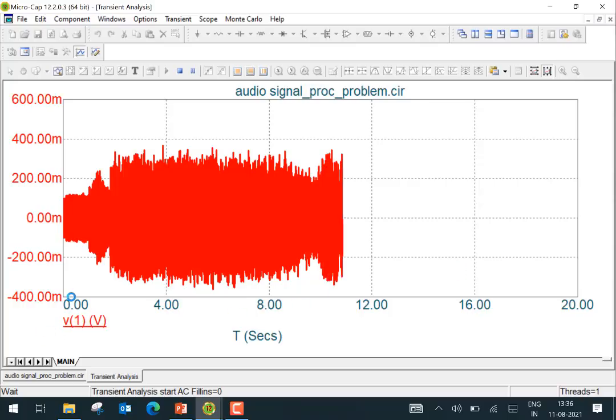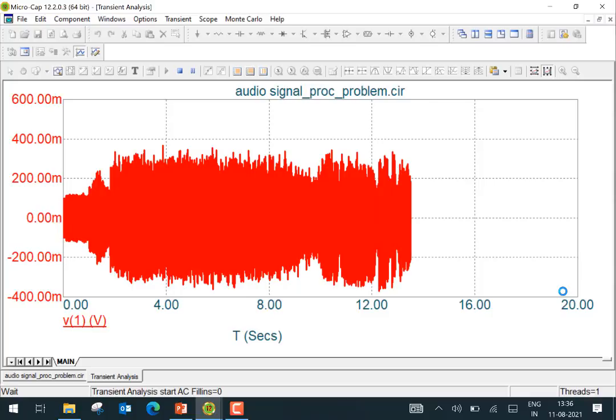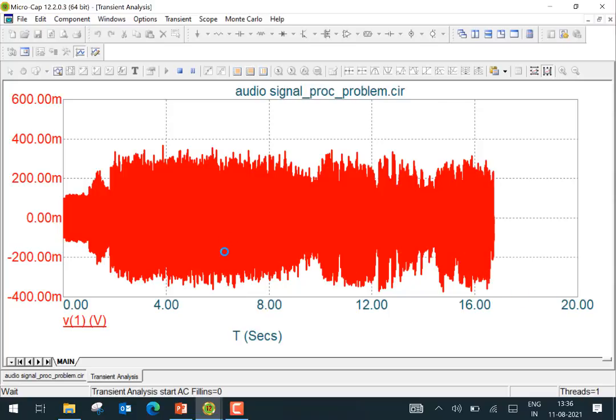To listen to this particular song, at least we need a couple of seconds. 20 seconds may allow us to listen to it. So here, of course, is the signal. You can't see a 1 kilohertz sinusoid or anything, so it's very difficult to see in the time domain.